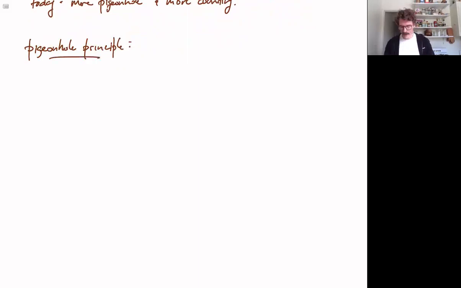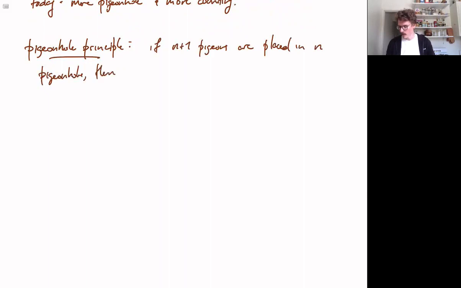The pigeonhole principle says n plus 1 pigeons are placed in n pigeonholes, then some hole must have more than one pigeon.